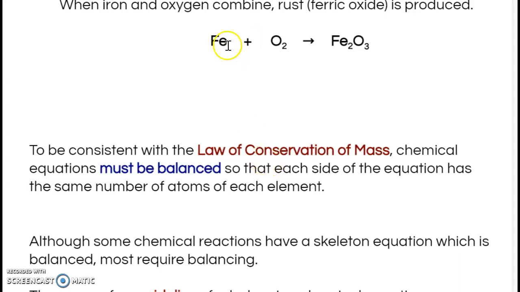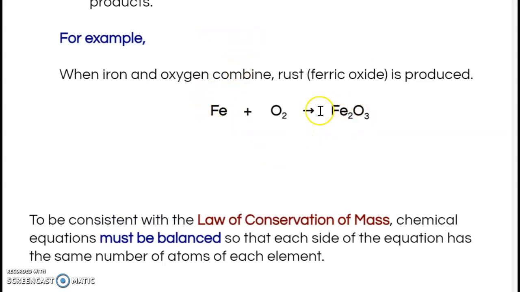We can see here that in this particular one, ferric oxide, there is one iron atom on this side, and there are two iron atoms on this side. The law of conservation of mass states that you have to have the same number of atoms on both sides of the equation.